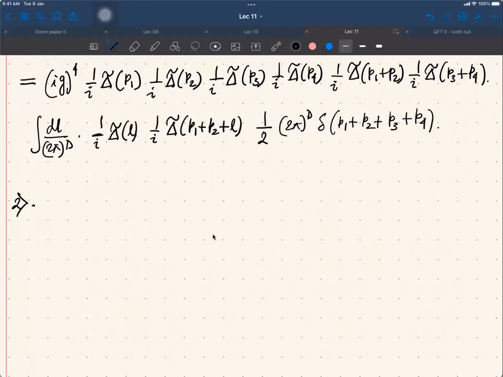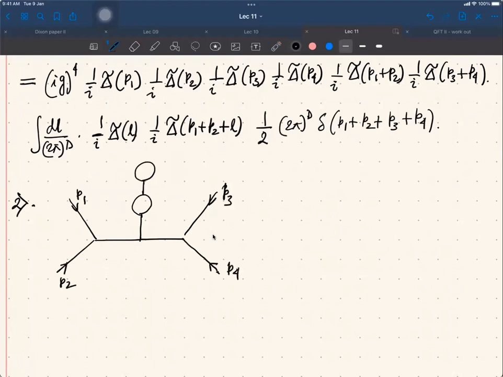This is another diagram that I'm drawing now. Let's label the momenta. This is P1, P2, P3, and P4. Internal lines are, this one is P1 plus P2, this one is P3 plus P4.